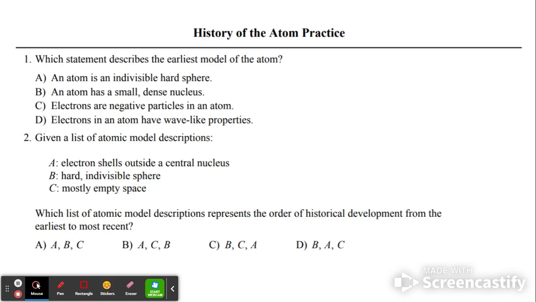So B is the first one. And subsequently, event A occurred, in which we discovered electron shells outside of a central nucleus. And then, via the gold foil experiment, we came to the conclusion that C was true, in which most of the atom was empty space. So thus, the answer for question 2 is D.